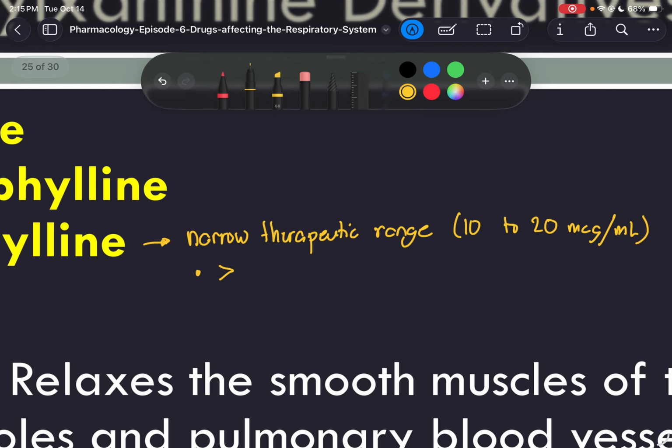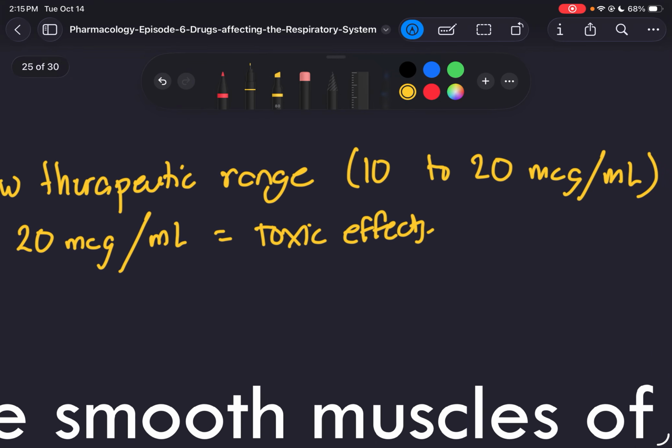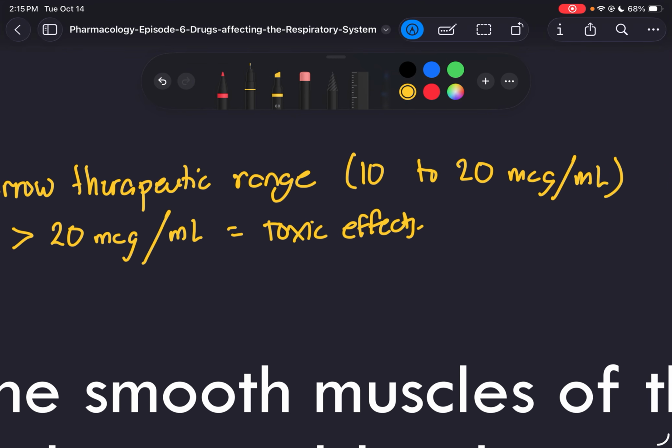Oftentimes, if it is greater than 20 micrograms per ml, then it will cause our toxic effects, no? Toxic effects. Now, the problem is there are a variety of adverse effects. I will discuss later, no?